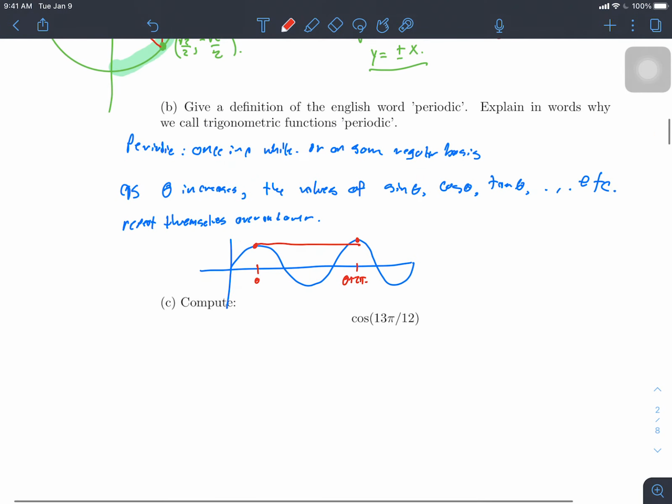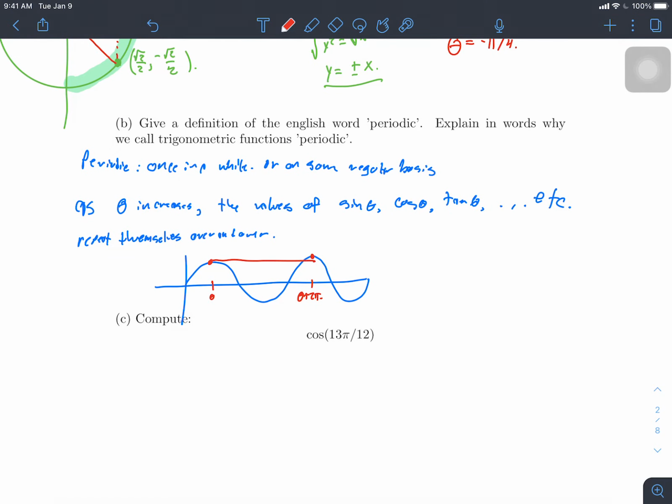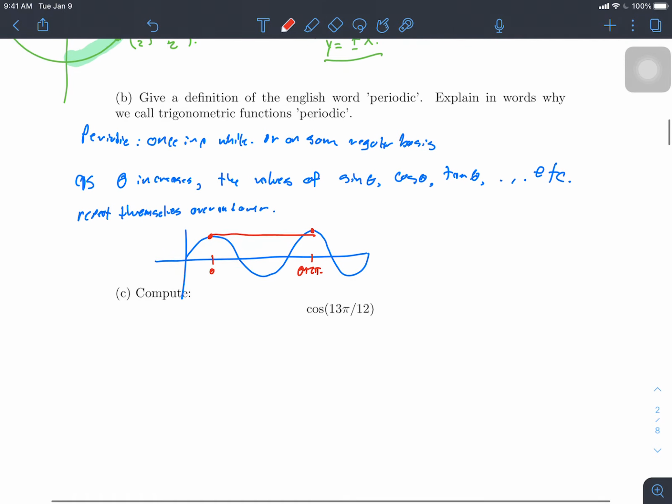So that's how I would answer this question: the values of the trigonometric functions repeat themselves on a regular basis, which is exactly what it means for something to happen periodically. Okay.